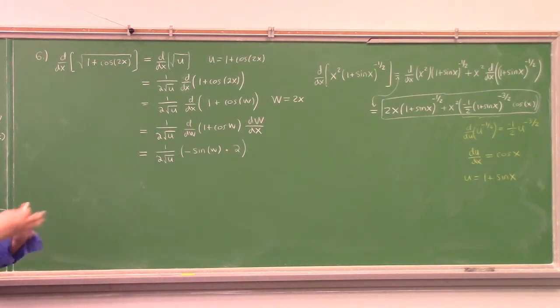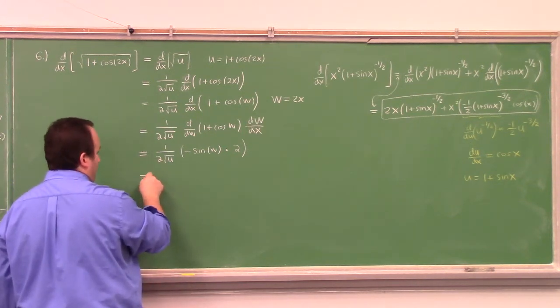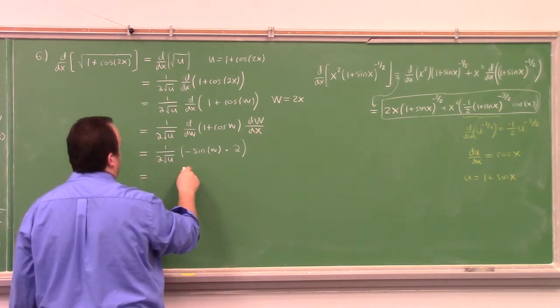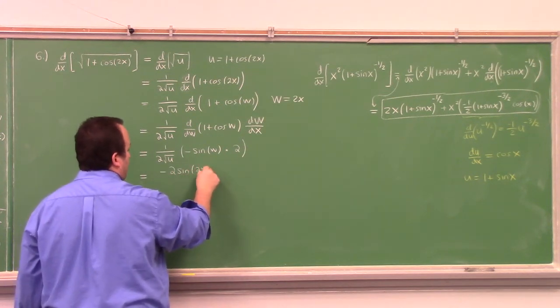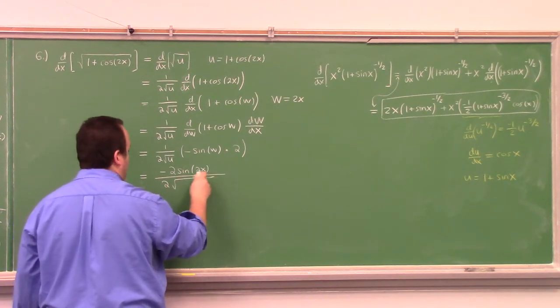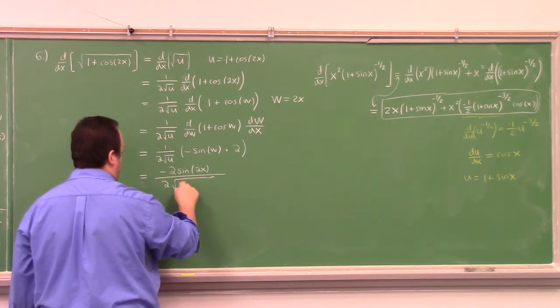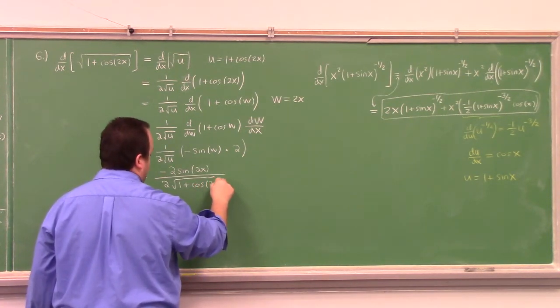Now we can put back in the substitutions, put it back to x. And what we're looking at here is minus 2 times the sine of 2x divided by 2 times the square root of 1 plus the cosine of 2x.